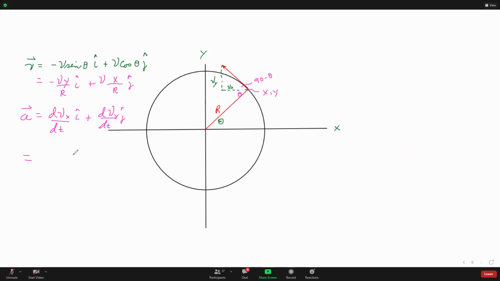So the acceleration equals minus v over r, v sub y times i plus v over r, v sub x in the j direction.